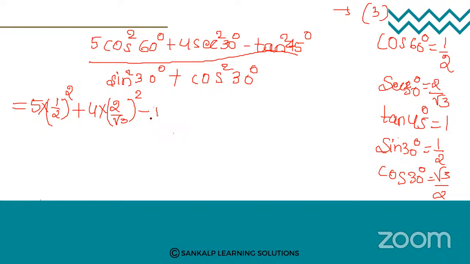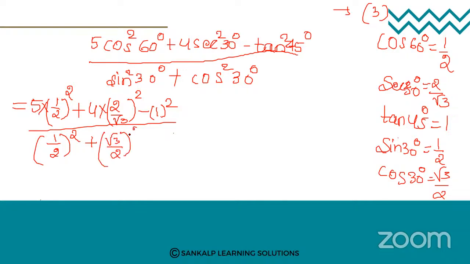Tan square 45 is 1 square divided by sin 30 degree is 1 divided by 2. Sin square means 1 divided by 2 whole square plus cos square 30 degree. Cos 30 degree is root 3 divided by 2. Cos square means whole square, right?